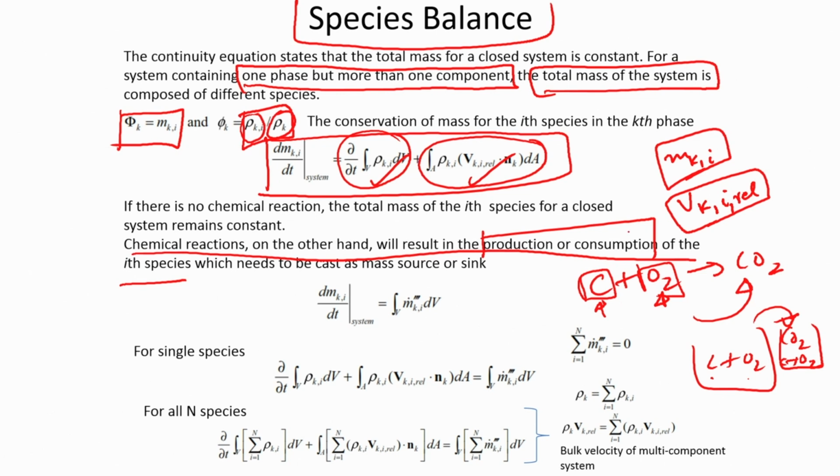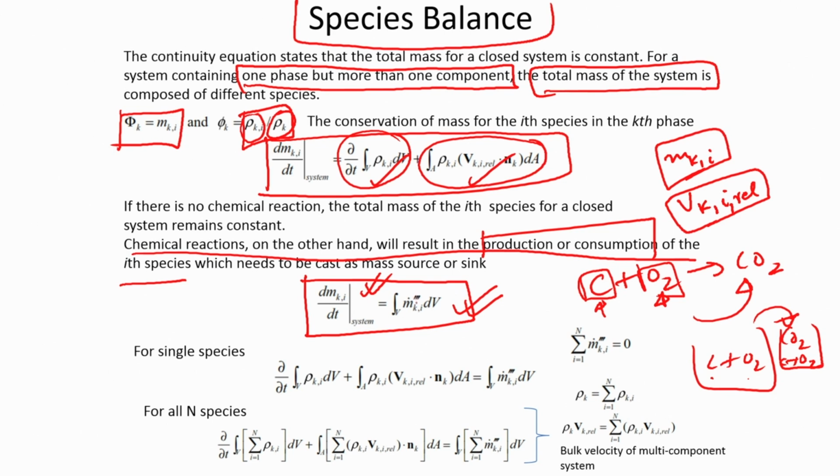So, it leads to production and consumption of the ith species, which needs to be cast as a mass source or sink term. Take a look at this particular equation. This is the rate of change of mass of the ith species in the kth phase in the system, and that can only be given by some kind of a sink or source term.